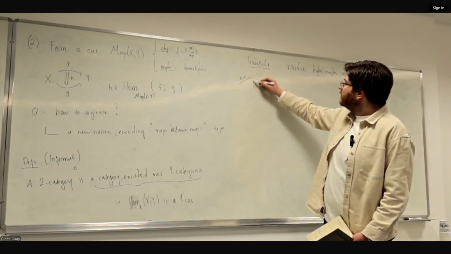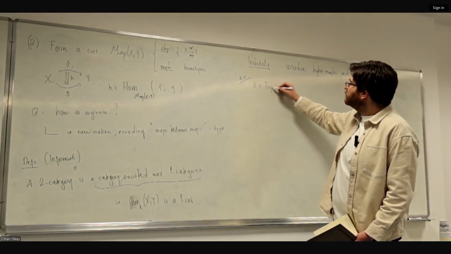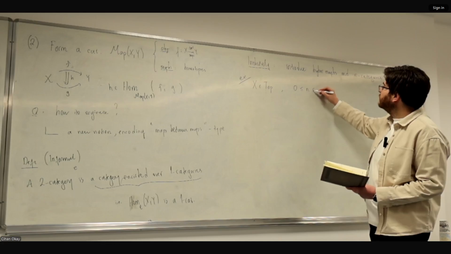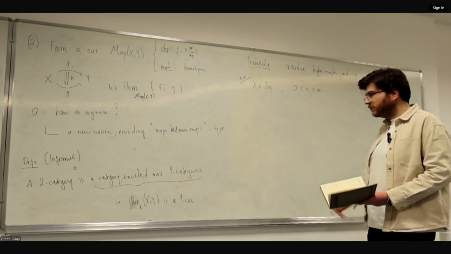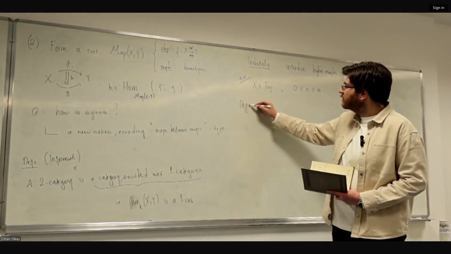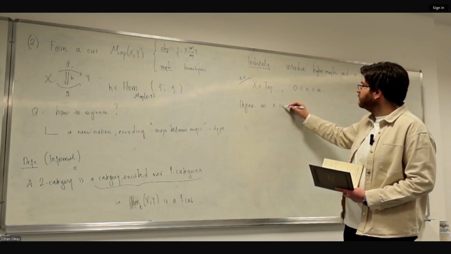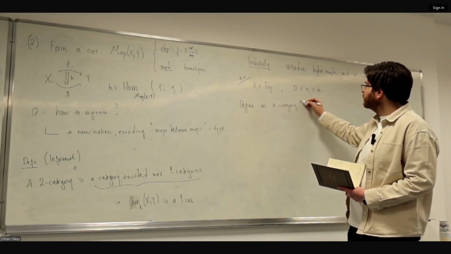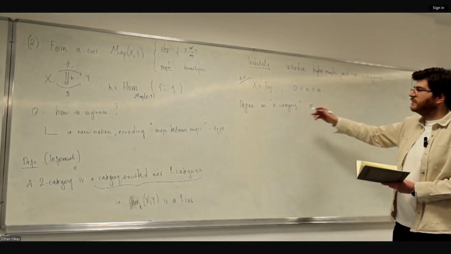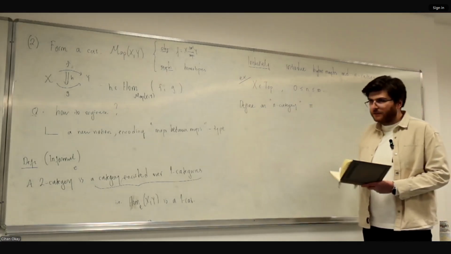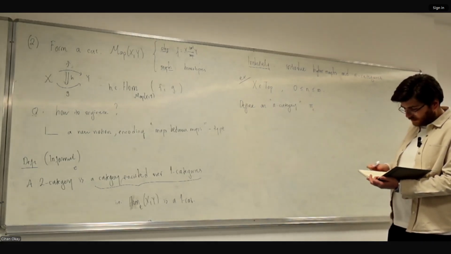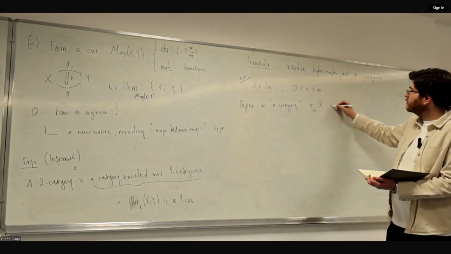So let X be a topological space, okay? And let's say we have some number n between 0 and infinity, and we define an n category. Later we will call it n category, but informally, let's define an object denoted like this.